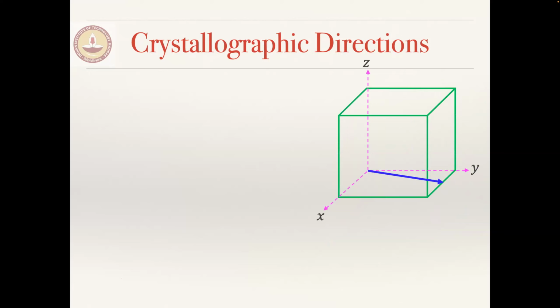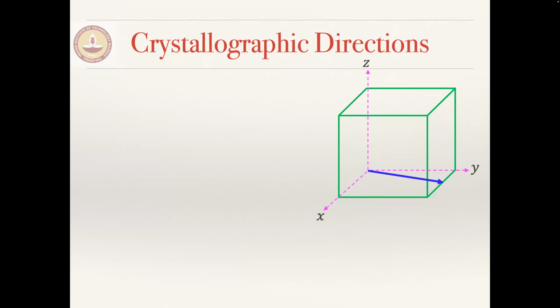Now, how do we identify the crystallographic direction indices for this particular direction? Let us go in steps, right? So what is the projection of this onto the x-axis? 1 by 2. Yeah, write down 1 by 2. Onto the y-axis? 1.